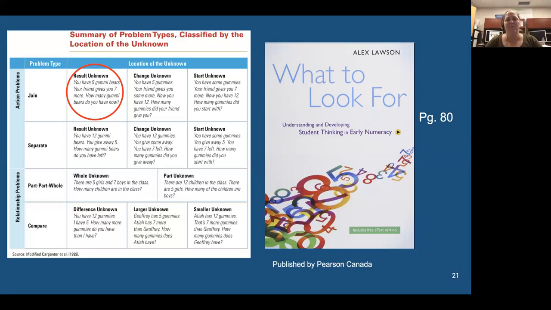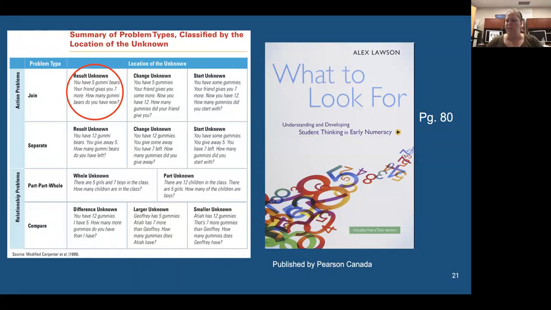The other way that they categorized it is the action or lack of action, and where the unknown is. This part was the new learning for me when I was looking at these, because we're often writing a lot of different problems and we might have different actions in them, but changing up where the unknown is in the problem writing was new for me when I first came across it.